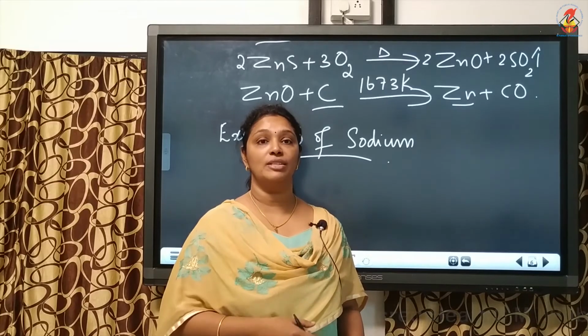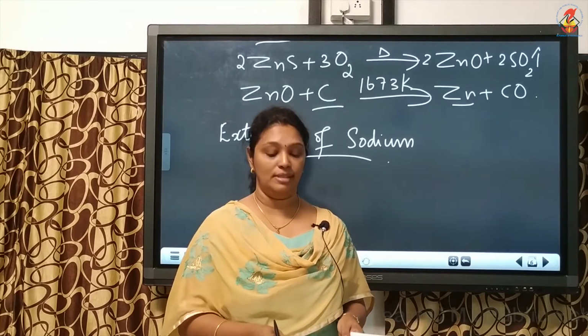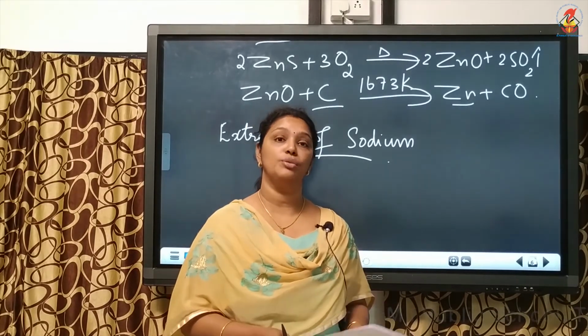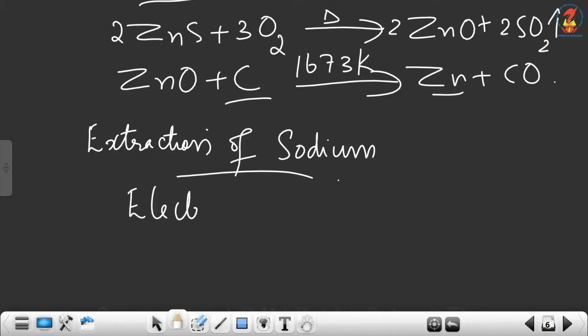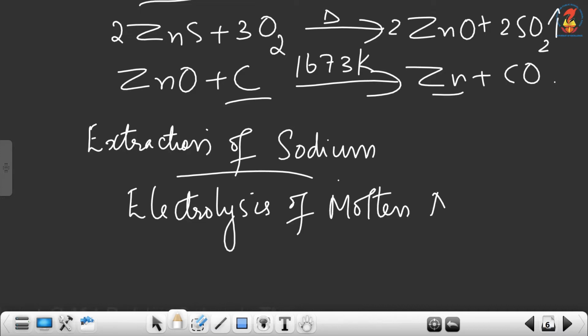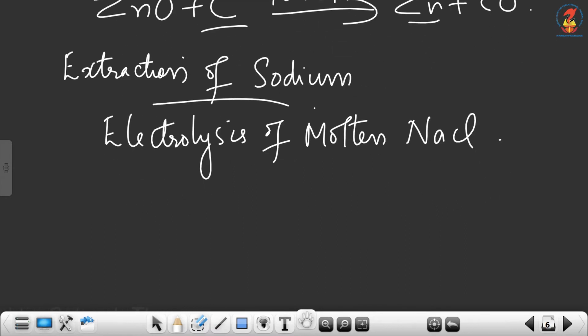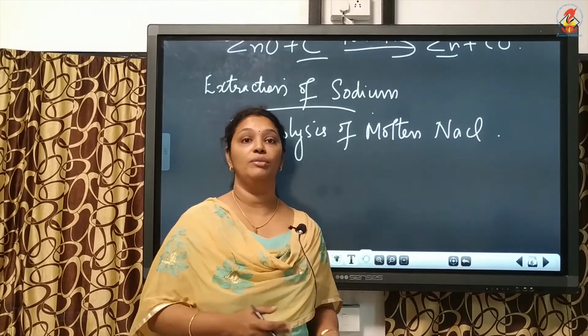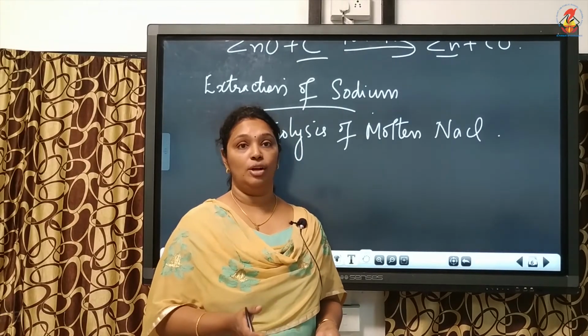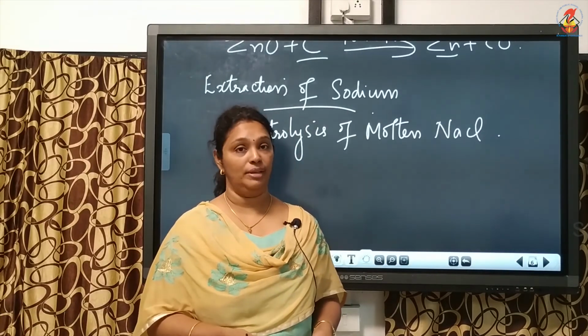That is, sodium is extracted by the electrolysis of molten sodium chloride. So, the extraction process is electrolysis of molten sodium chloride. And in the electrolysis of molten sodium chloride, we get sodium deposited at cathode. So, I want you to refer the electrolysis in the chapter electrochemistry.